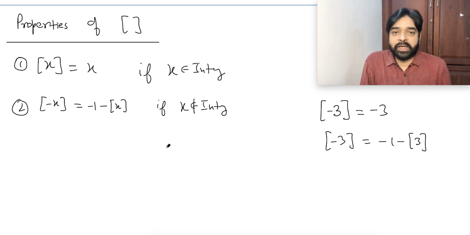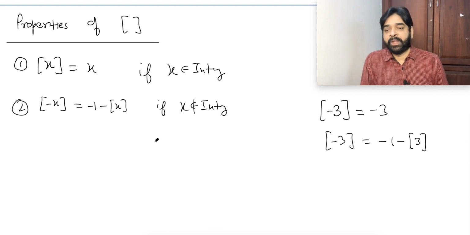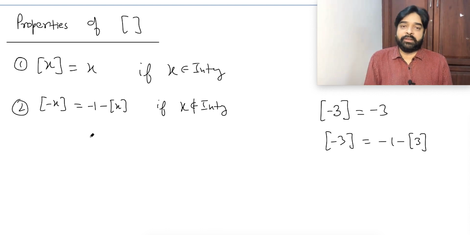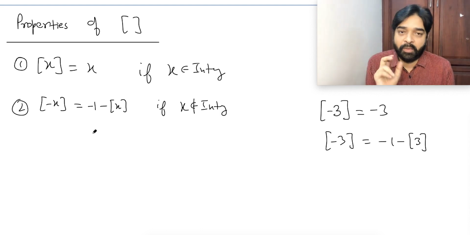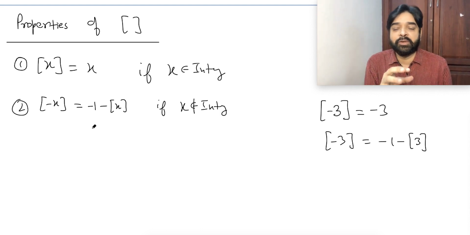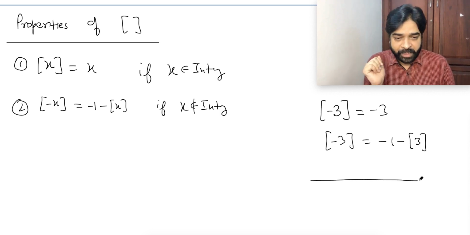Are you able to understand, everybody? How did I write this statement? Greatest integer minus x equals minus 1 minus greatest integer x, how am I writing this? Listen to me carefully. Suppose this is your 0, this is minus 1, this is 1, this is 2.